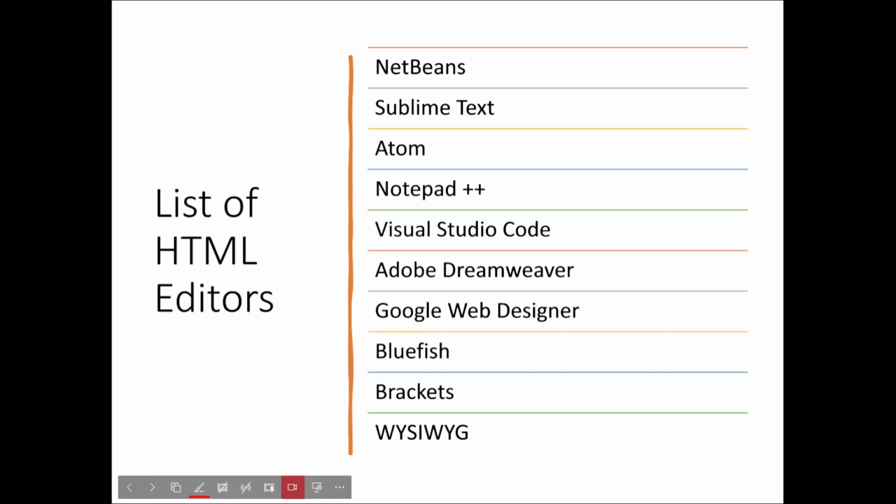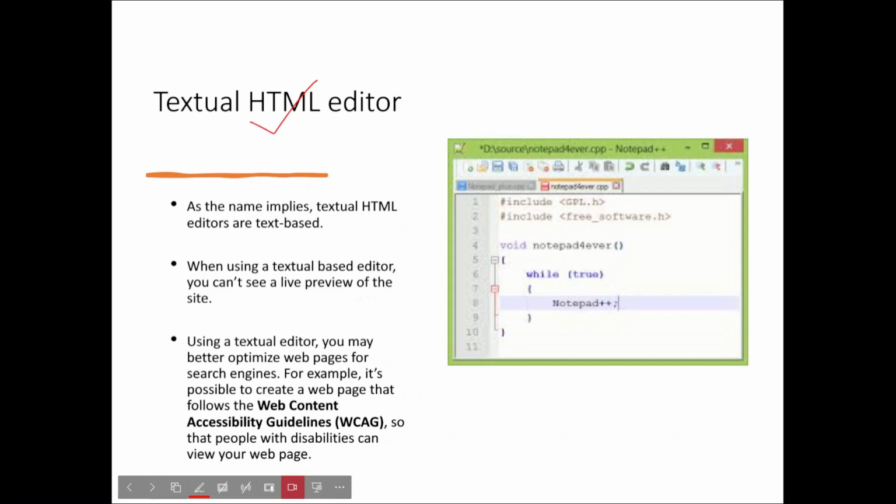Either ways, you can go with this first way, where you type the code here, save it and open the browser and check the output, or else you can type here and parallelly you can check the output. Either ways, you can go with whatever is flexible for you. So during this course, sometimes I'll be using the first approach and sometimes I'll be using the second approach.